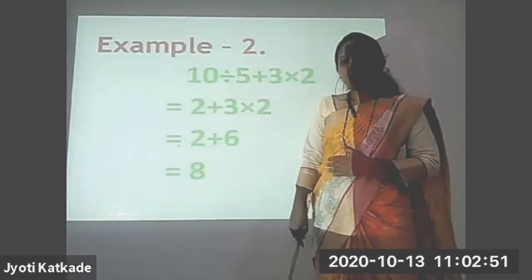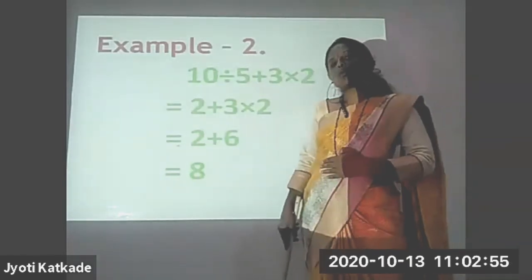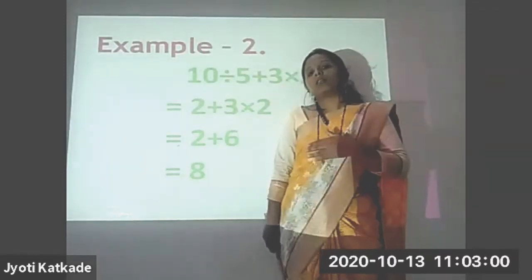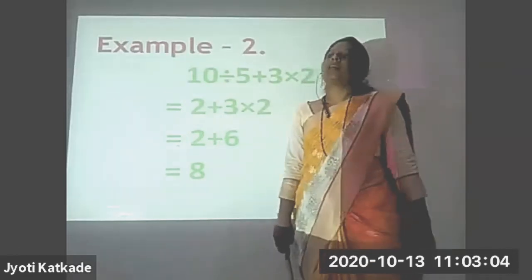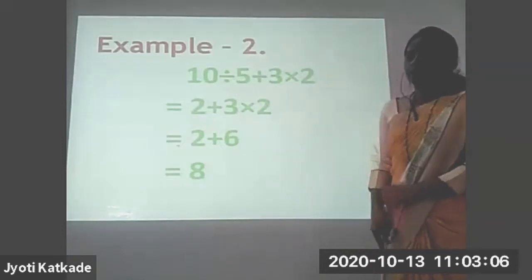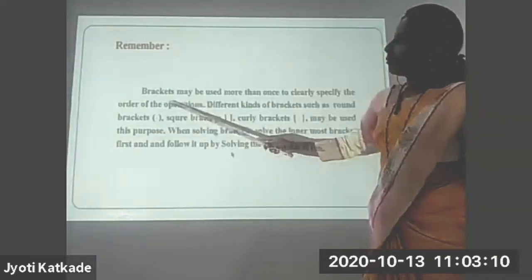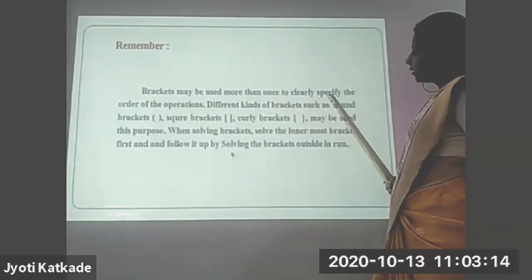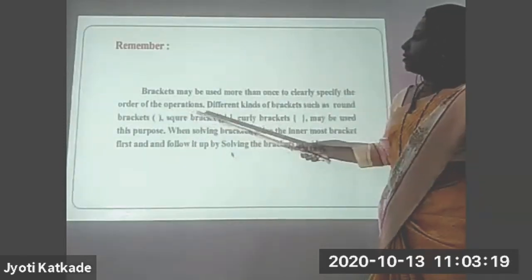In some examples, brackets are also given. So we have to solve the bracket first. After that, we have to solve the next operation according to the BODMAS rule. Okay. See next. Remember, students, brackets may be used more than once to clearly specify the order of the operation.